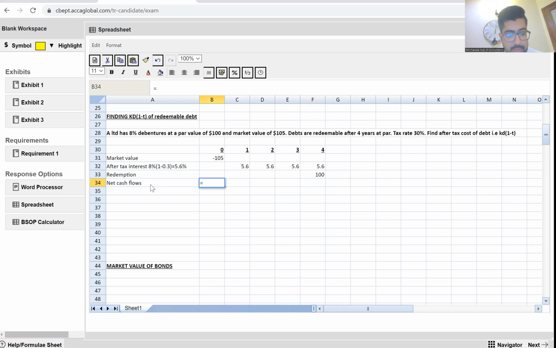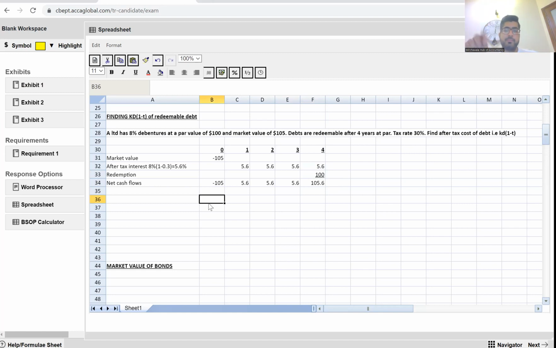So it's B31 and then C32, D32, E32, and then sum of F32 and F33.